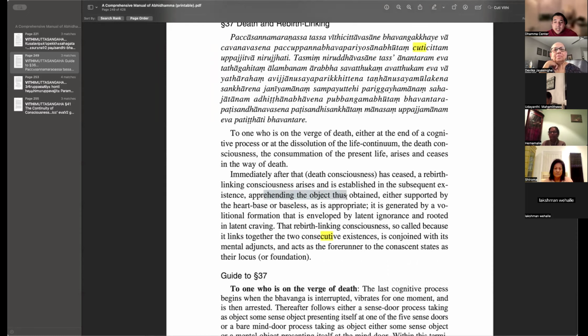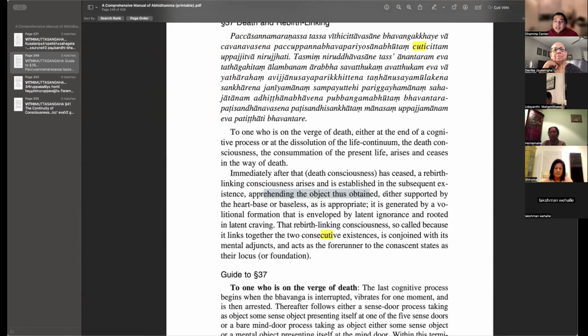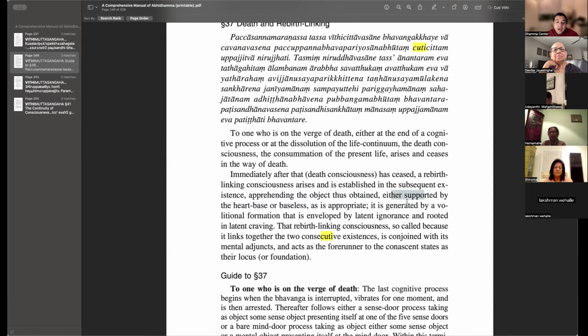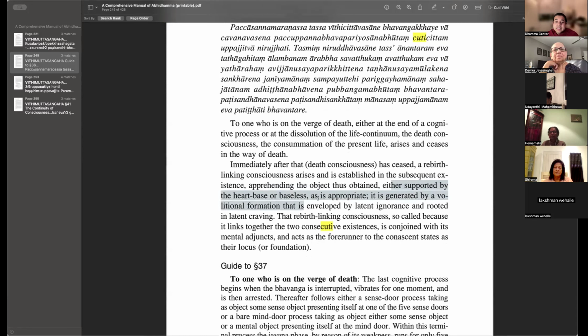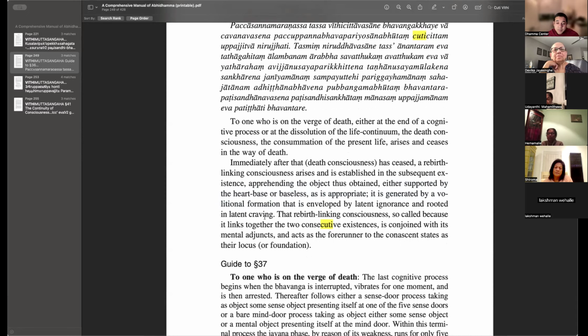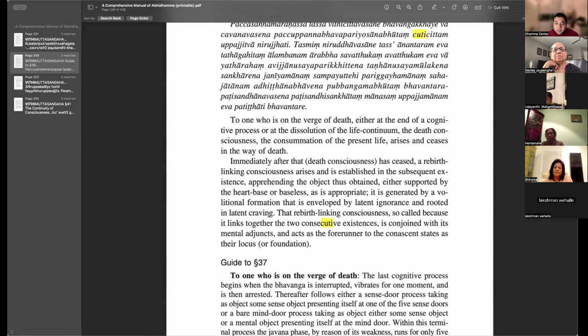Apprehending the object thus obtained, either supported by the heart base or baseless, as it is appropriate, it is generated by a volitional formation that is enveloped by latent ignorance and rooted in latent craving, avijja, tanha, anusaya.